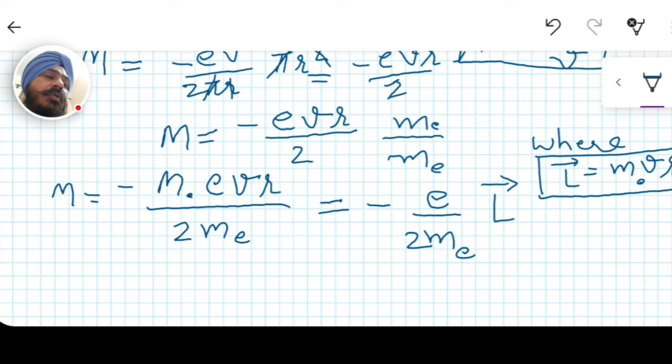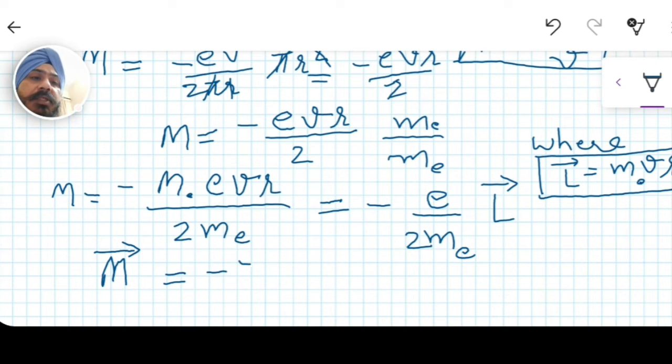So where does it come from? As we know, the momentum is p, and p is equal to m into v, and in circular motion angular momentum is r cross p. Magnetic dipole moment is a vector quantity because it has direction also. Its direction is along the area vector.